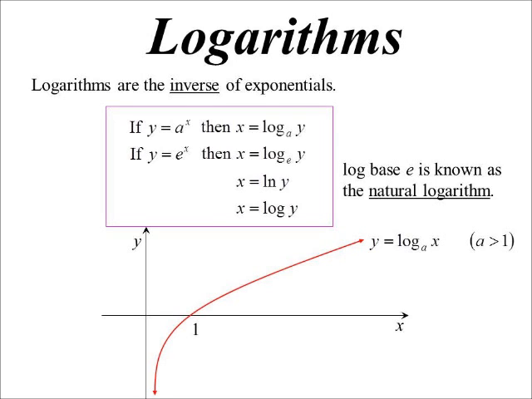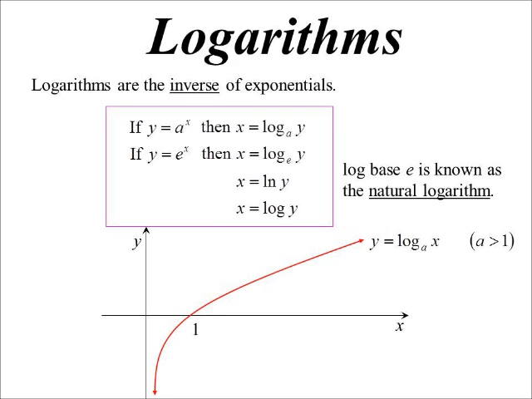The graph of the log graph is similar to the exponential graph, but it's been rotated, I guess, if you like, and flipped a bit. So this would be the one where the base a is greater than 1. Just like with our exponential graph, you remember, has a y-intercept of 1, with a logarithm, it'll have an x-intercept of 1. So the log of 1 is always equal to 0.